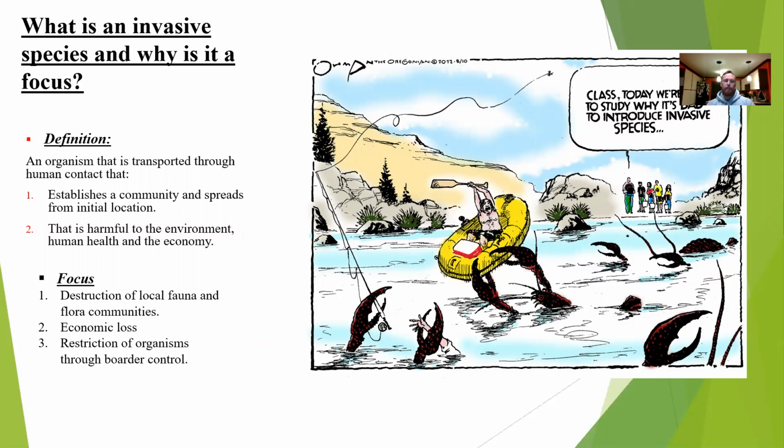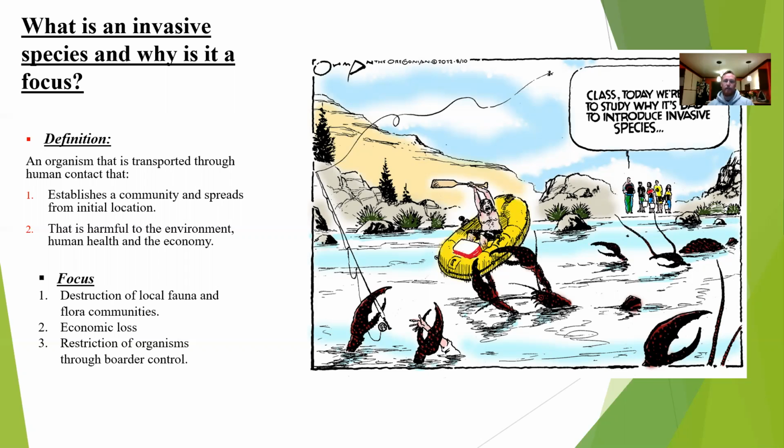The main focus for invasive species through government organizations and private organizations is how big the destruction of invasive species is. So what can it do to the environment, what do we know about it, and how do we control it? The economic loss is obviously a big part, for farmers and the trade market.